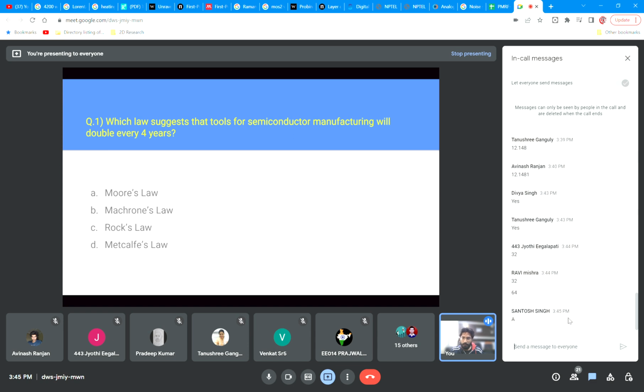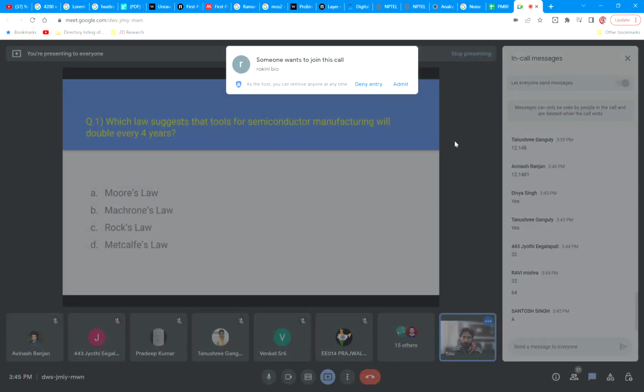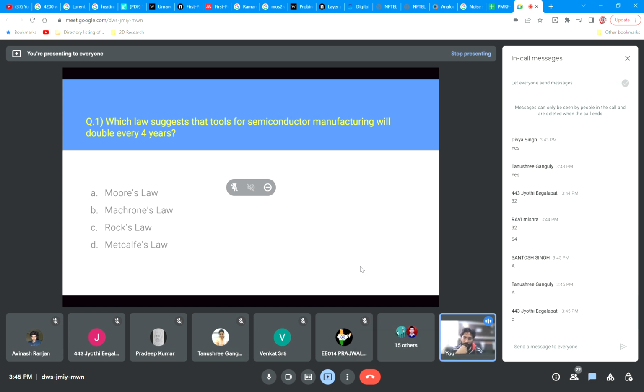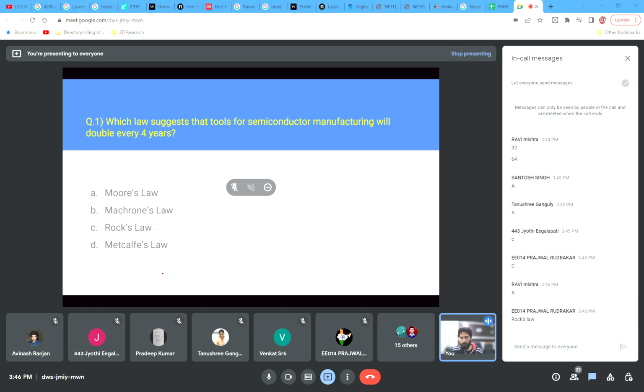Santosh says Moore's law. Tanushree also says Moore's law. Read the question well. Jyoti says Rock's law. Prajwal also says Rock's law. Yeah, the answer to this question is Rock's law.